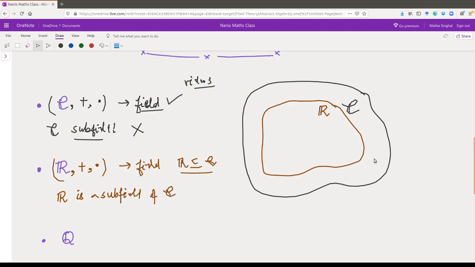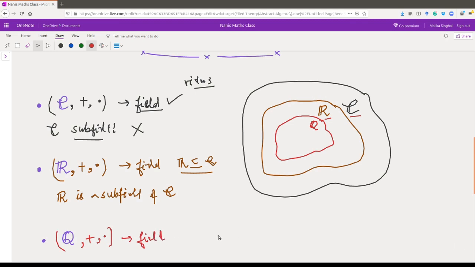Now let us look at another subset, the subset of rational numbers. This is a subset of R as well as of the complex numbers, and we have already seen that this, together with addition and multiplication, is a field.